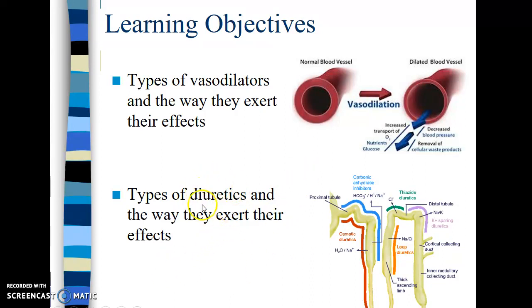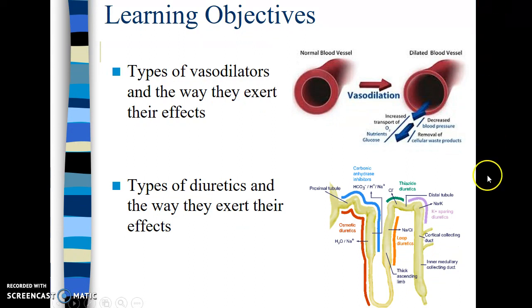Some people call these water pills. What they're used for is to decrease the amount of fluid in the body. And this again helps a weak heart, because if it has less blood volume to push around in the body, it will make it easier. Hopefully this diagram looks very familiar to you.